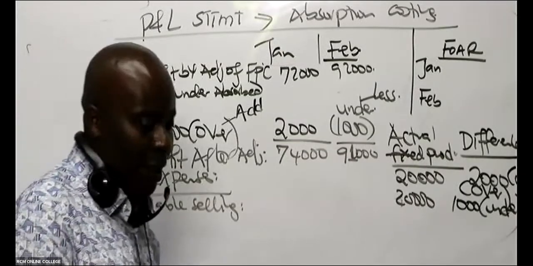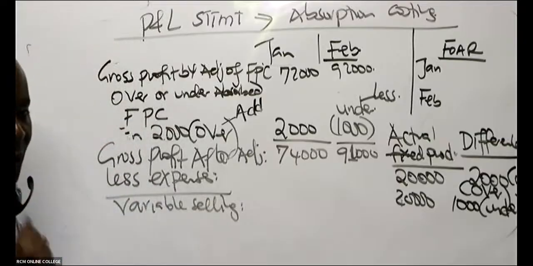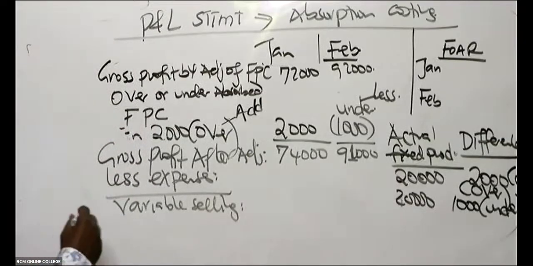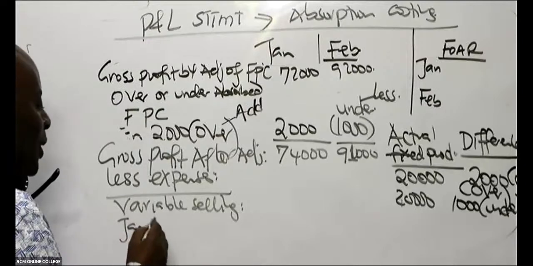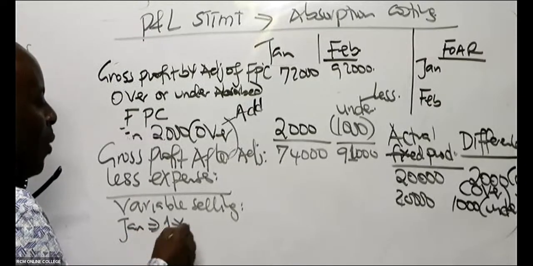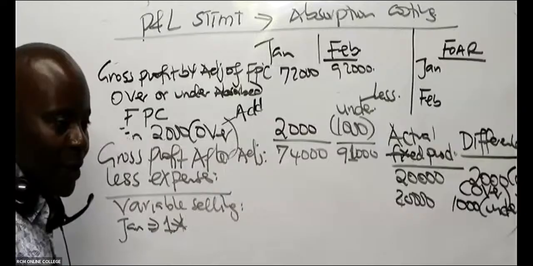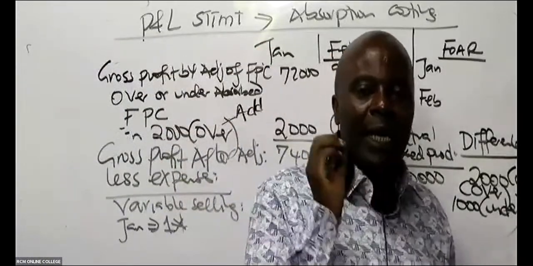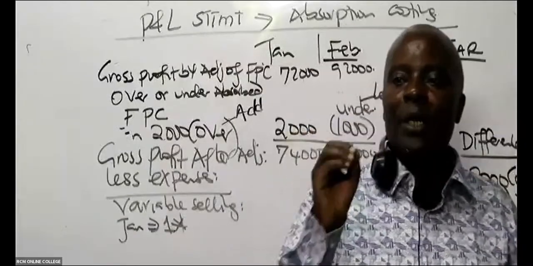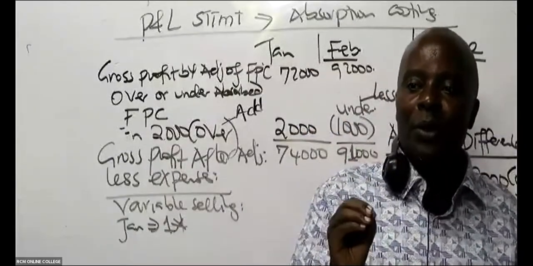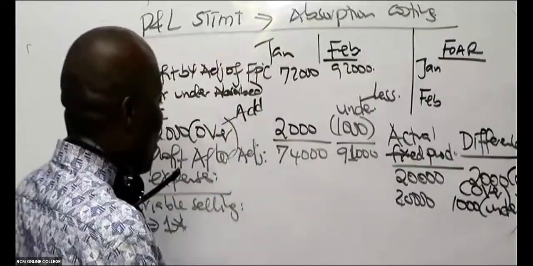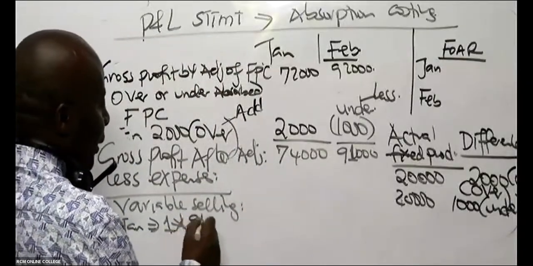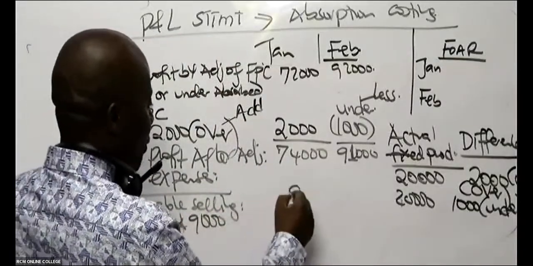So variable selling, are you able to see the variable selling per unit? In this case, variable selling for January is 1 times how many units? The number of units you sold in January, because a selling expenditure can never be associated with production. So in January we sold 9,000, so this will give me 9,000, isn't it?